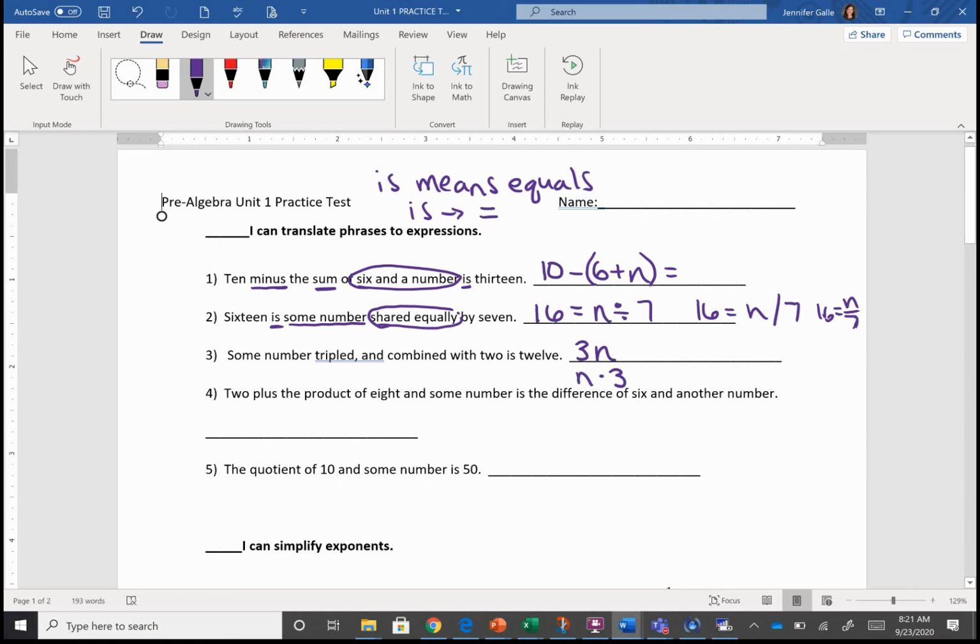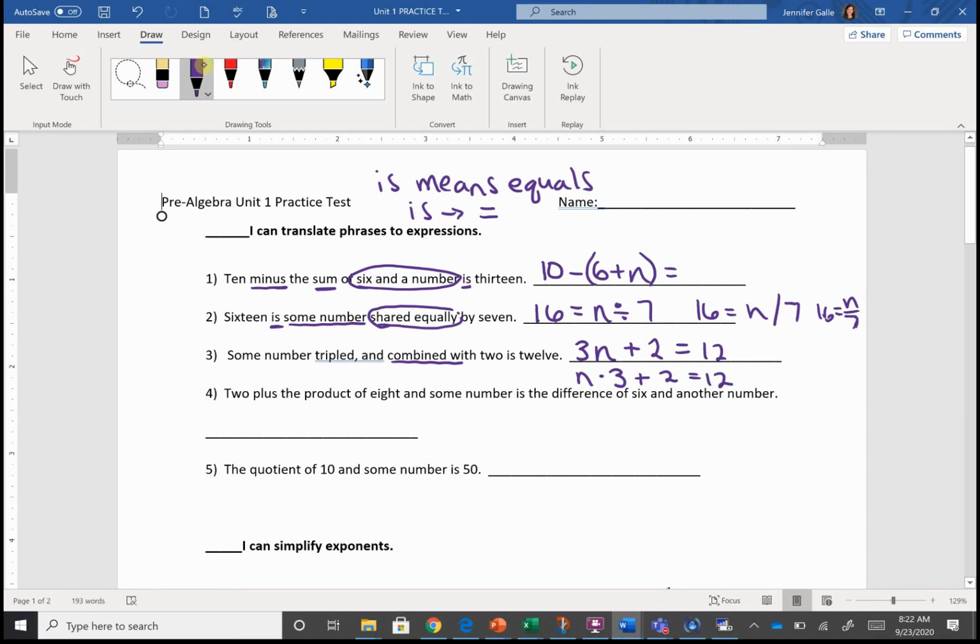Combined with. If I'm not sure what combined means, I check my foldable. And I see combined means I'm going to add. Combined with 2 is 12. So again, guys, it doesn't matter how you do your multiplying.